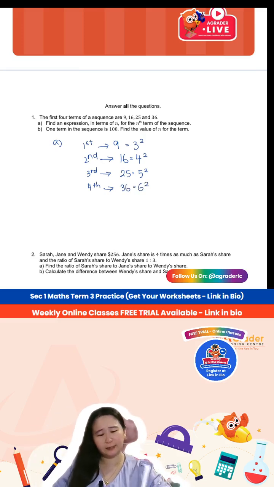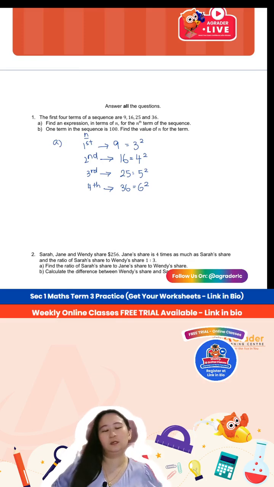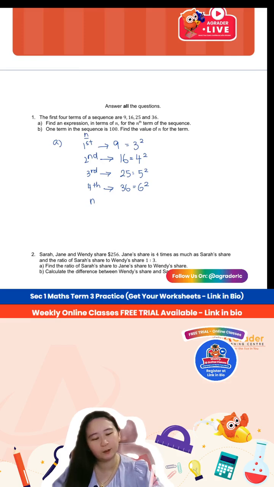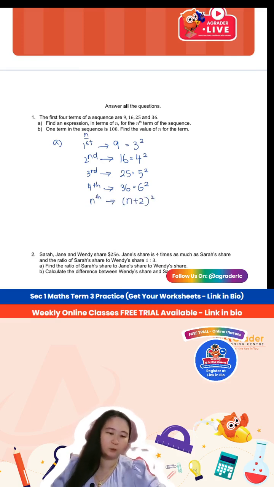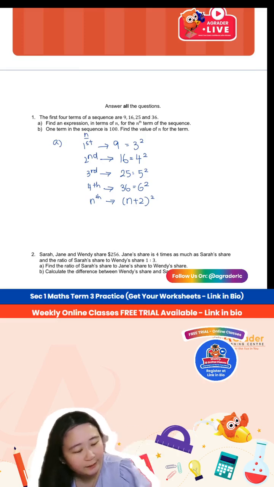So you can see that it's always a plus 2 to the n value. So the first number is like 1 plus 2, the whole thing squared, and so on. So therefore, if it's the nth term, it will be n plus 2, the whole thing squared. So that'll be the answer for part A.